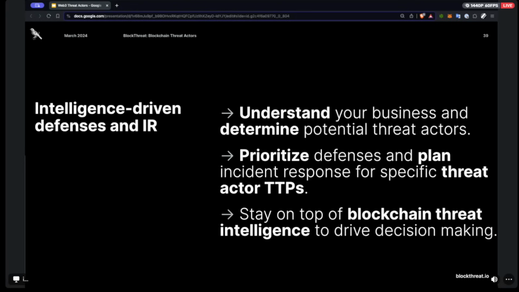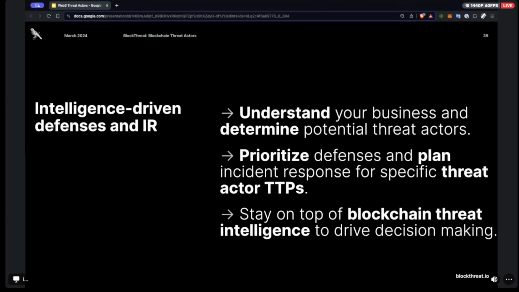So if you're a bridge, you should start thinking about theft and nation state threat actors. Smart contract risk is always there, but these are the people that will be very interested in you with much stronger capabilities. And once you realize that, then you can prioritize.